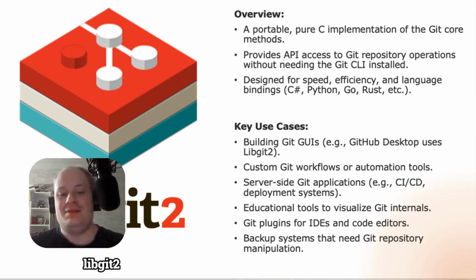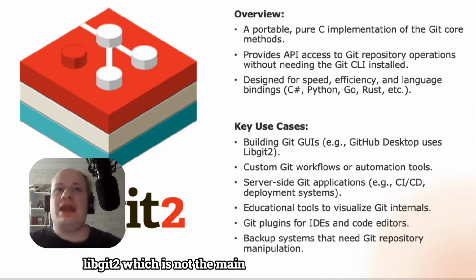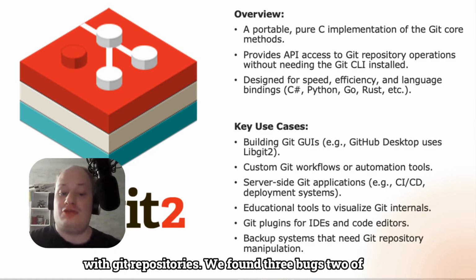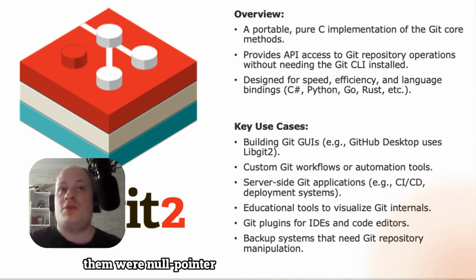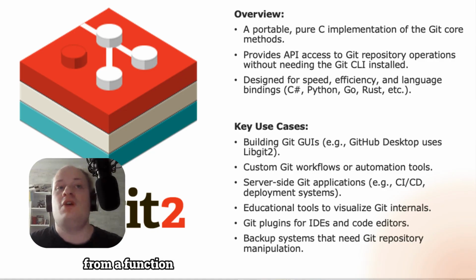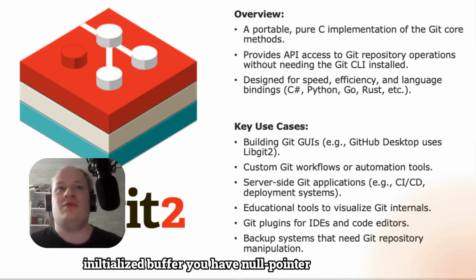Yeah, so in libgit2, which is not the main Git implementation, but it is used in some other applications that may interact with Git repositories, we found 3 bugs. 2 of them were null pointer references that just came up from a function that isn't checked for errors, and so you have an uninitialized buffer, you have null pointer propagation.